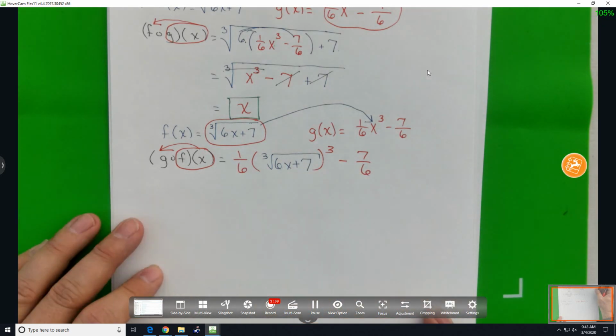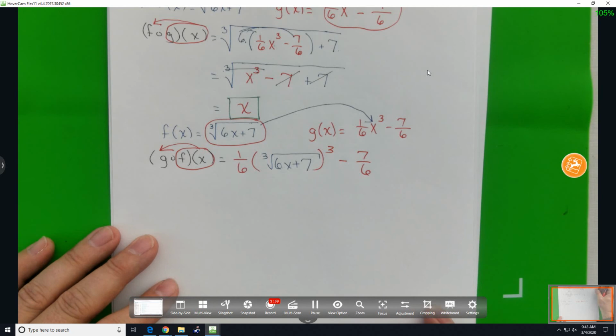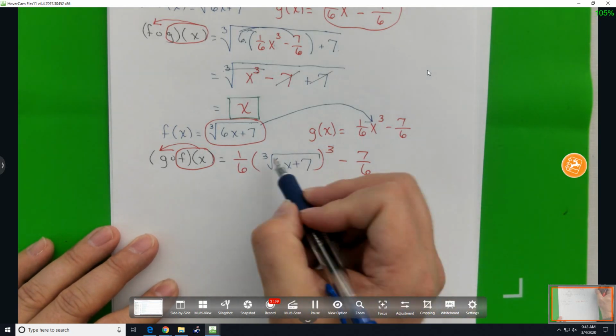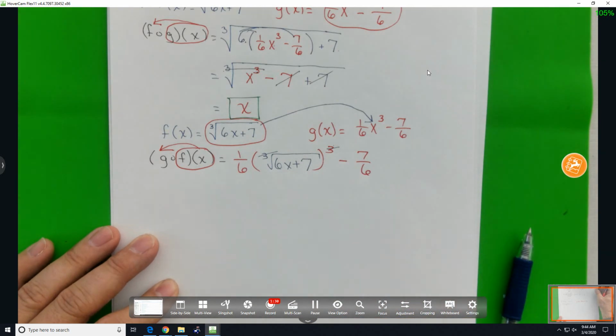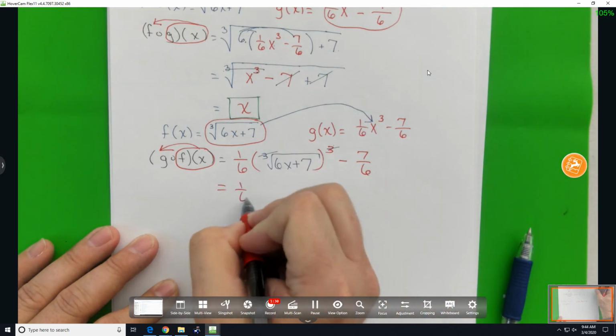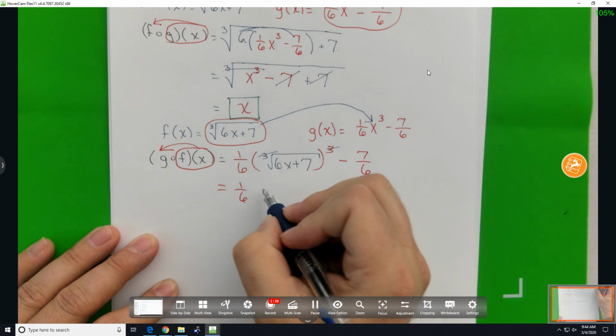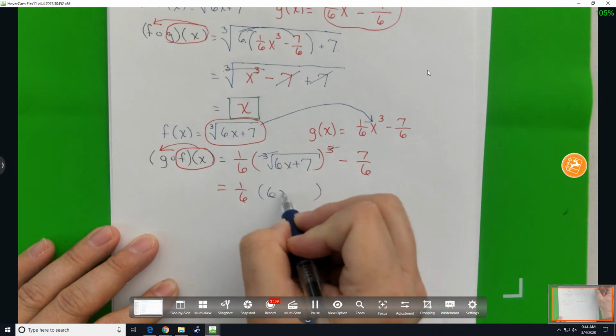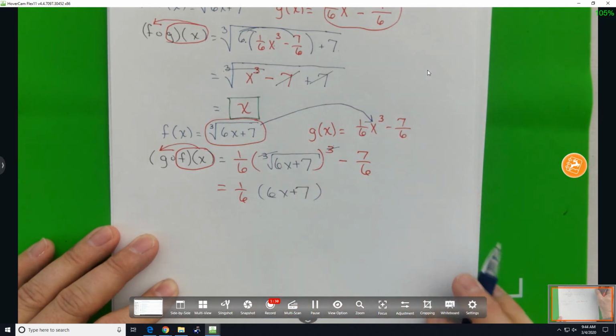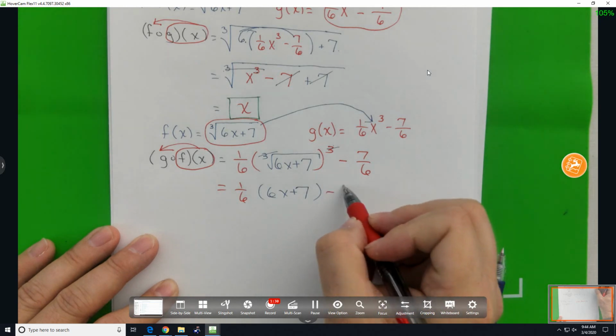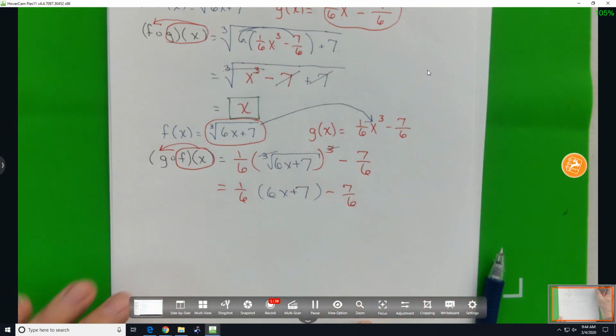And one thing's about to cancel out immediately. What's about to cancel out? Okay, good. The cube and the cube root. So we just have 1/6. And all we have left here is that 6x plus 7 minus 7/6. You have an idea of what the answer is going to be.